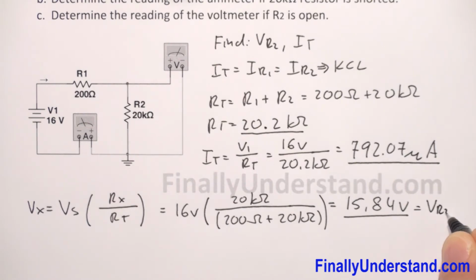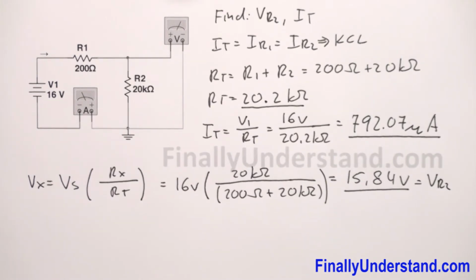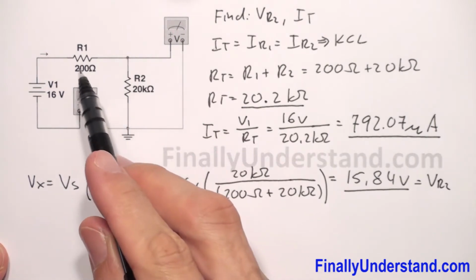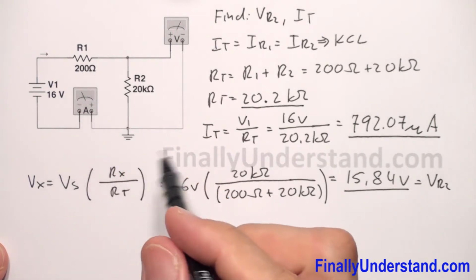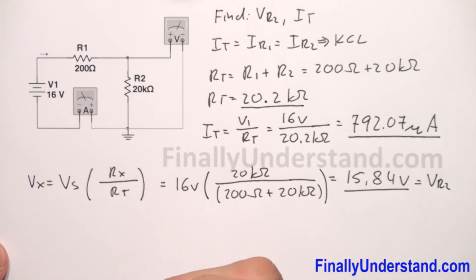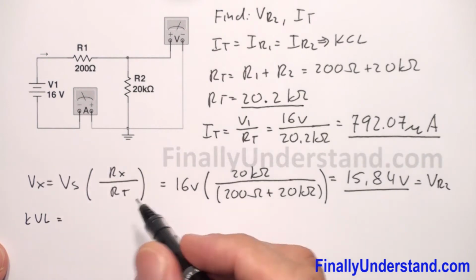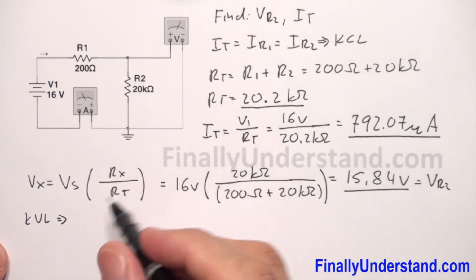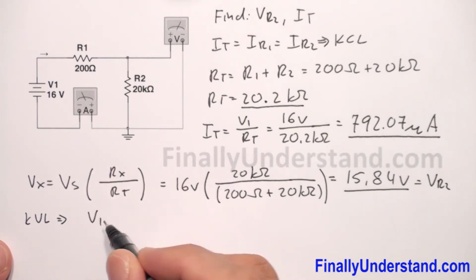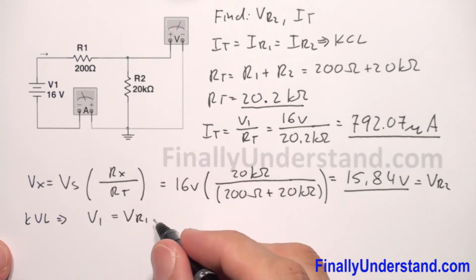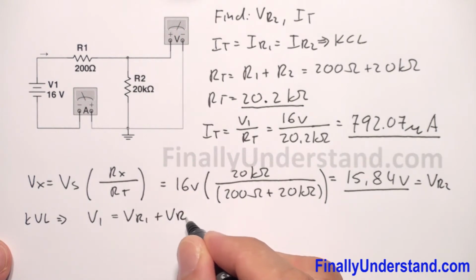VR2. In order to make this problem a little more interesting, I'm going to find the voltage across resistor R1 as well. To find the voltage across resistor R1, we can simply use KVL, which says that the voltage source, in this case V1, is equal to VR1 plus VR2.